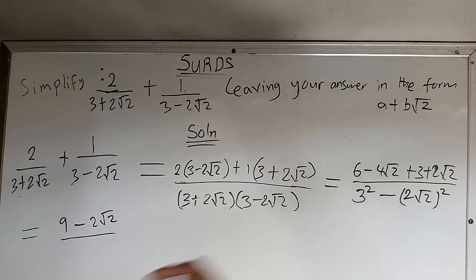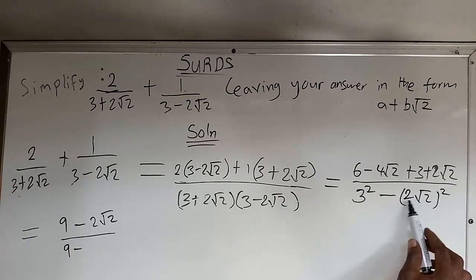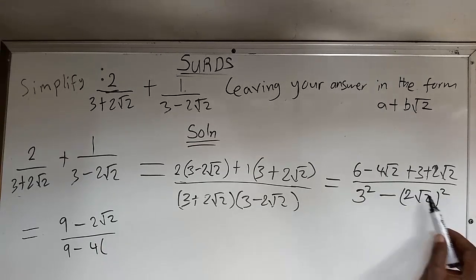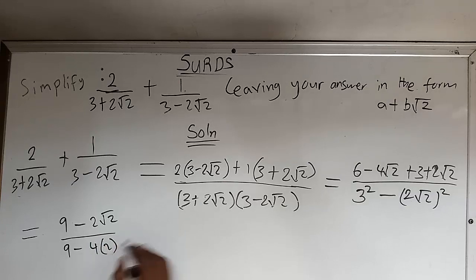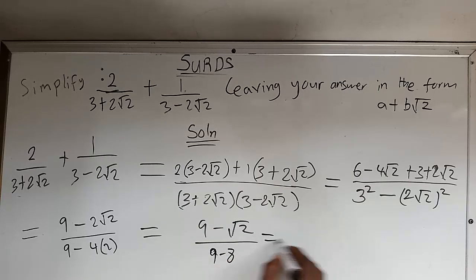Now 3 squared is 9, minus, now 2 squared is 4, then root 2 squared is 2. So this will give us 9 minus 8. 9 minus 8 is 1.